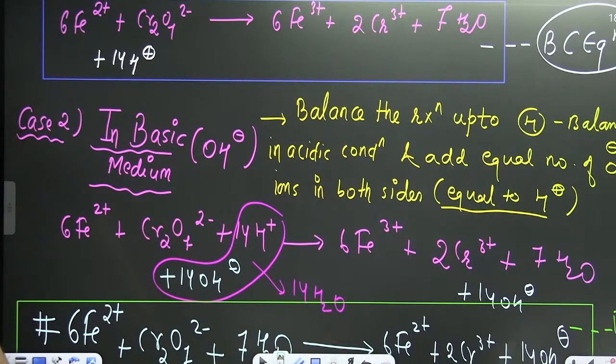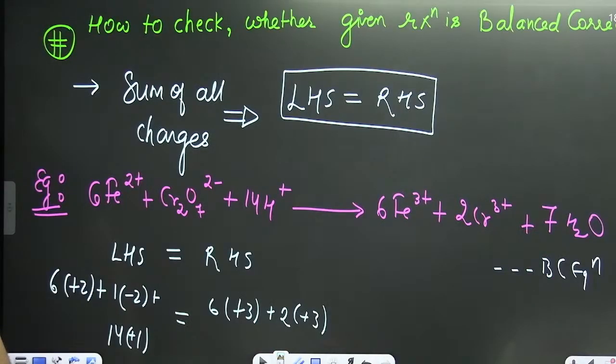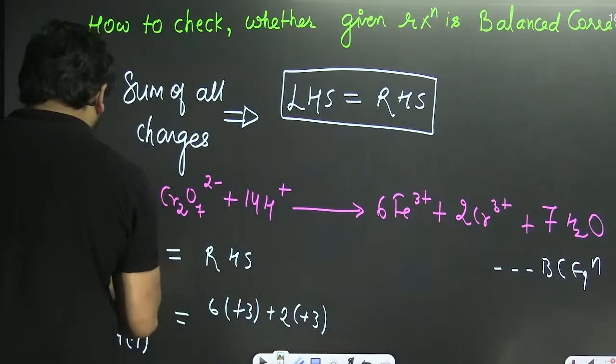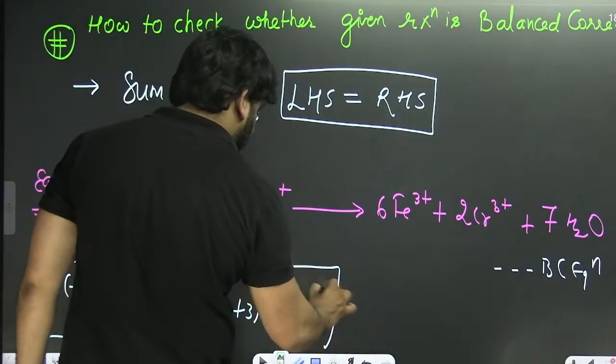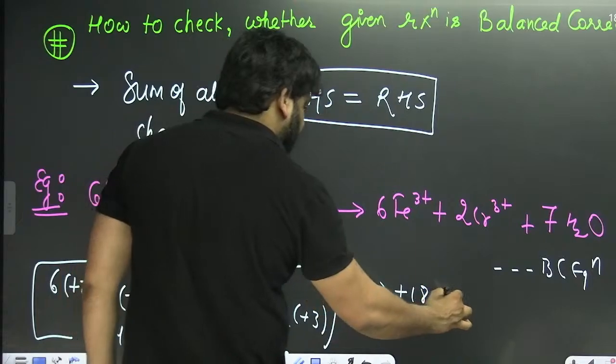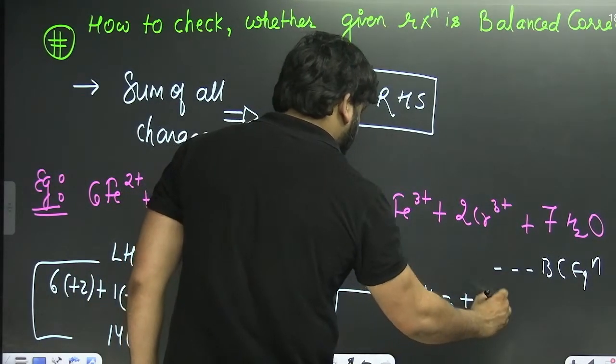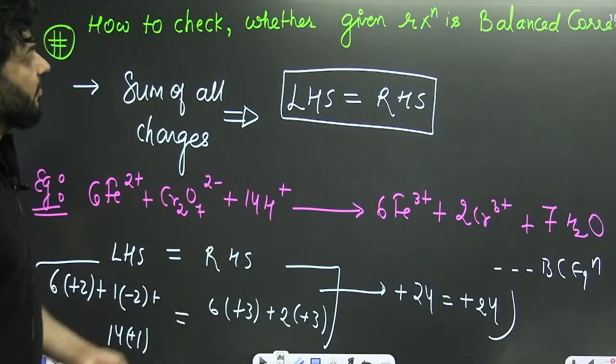It's balanced, 24 both sides, no? Yes, 24 only. So on the right, 18 plus 6 is also positive 24. Positive 24 equals positive 24. So that's how we do it. That is the trick that we use.